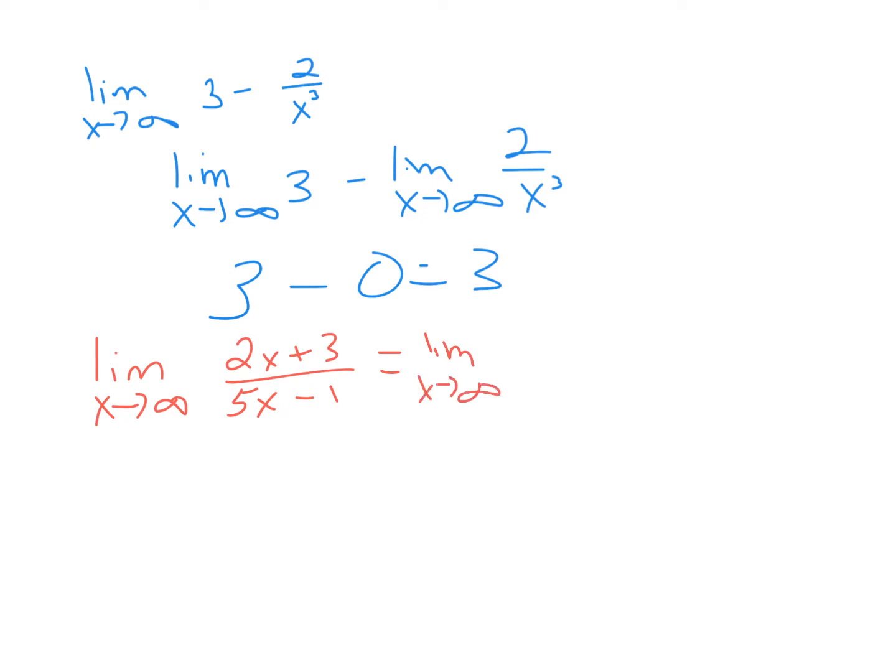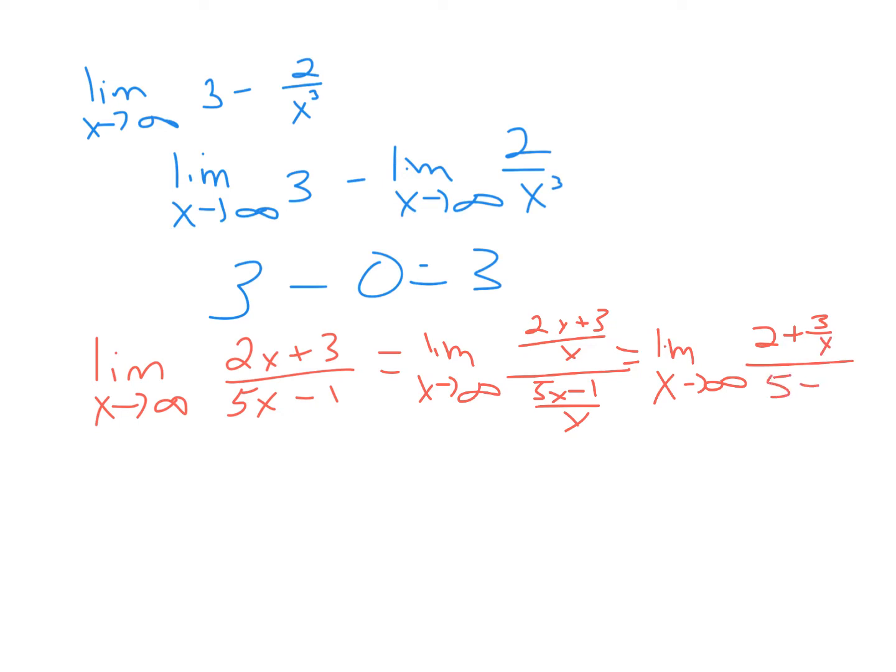Well, if we do that, and we divide each of them individually by x, we will get, I don't want an arrow, I want an equal sign. We'll get 2 plus 3 over x over 5 minus 1 over x. Okay, and now what?